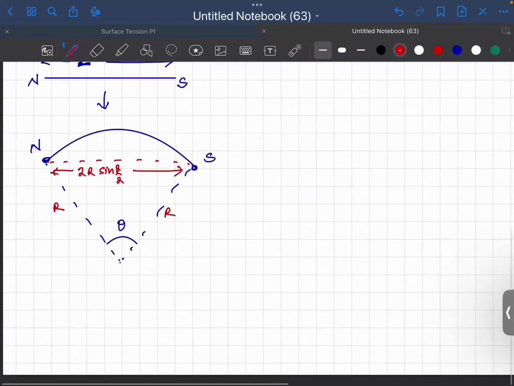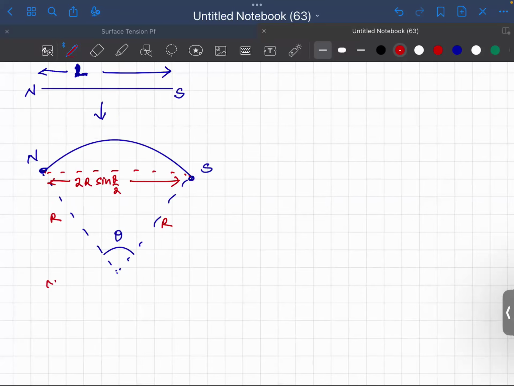Right. So now take the ratio of the previous magnetic moment and the present magnetic moment. Nothing is affected in the pole strength. What is affected is the effective length of the magnet. By the way, one more important point: L is nothing but R theta. The length of the arc is radius times the angle.